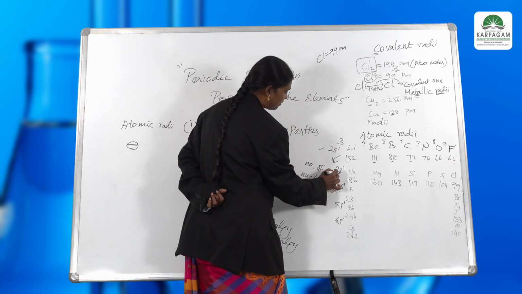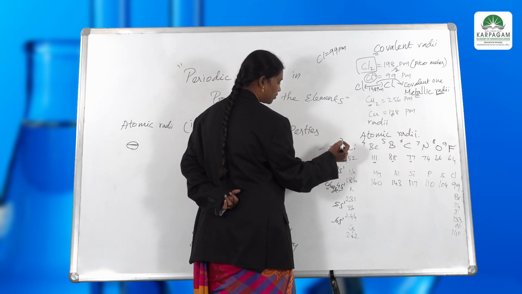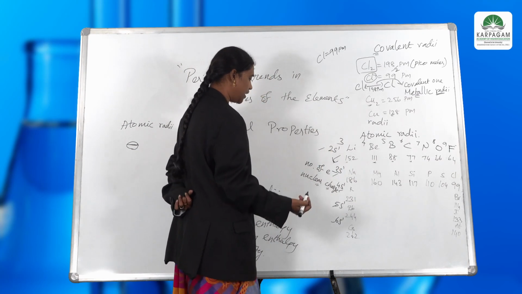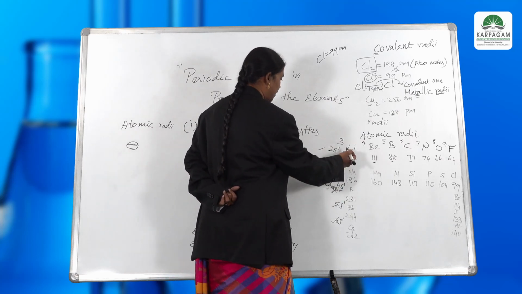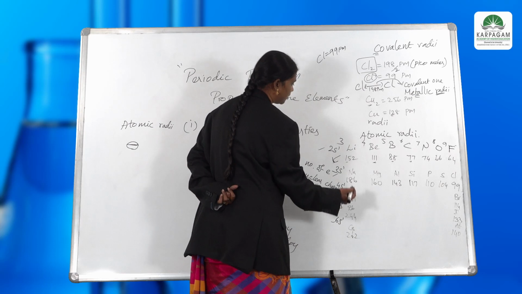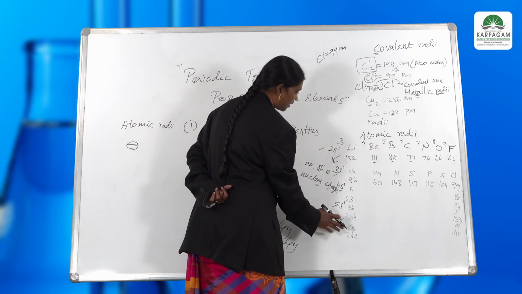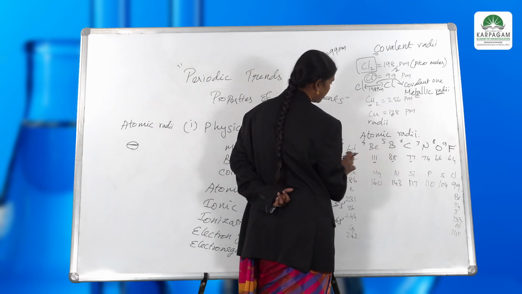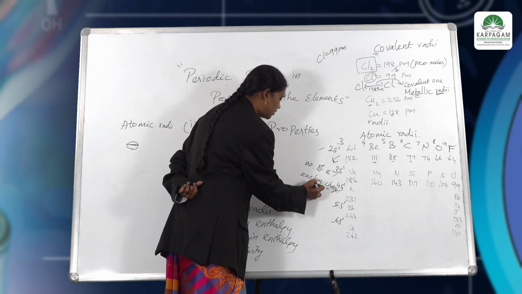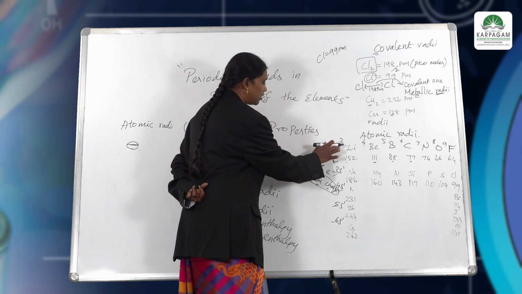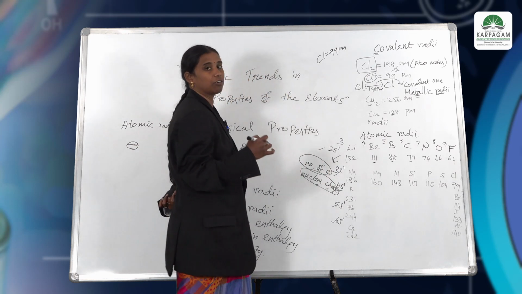Here the energy levels increase properly. So the number of electrons filled in the energy levels vary, and the nuclear charge also varies from lithium to cesium. So along the group the atomic radii increase, and along the period the atomic radii of the elements decrease due to nuclear charge.